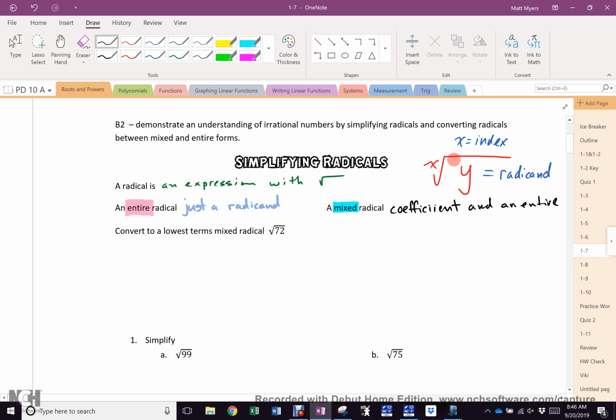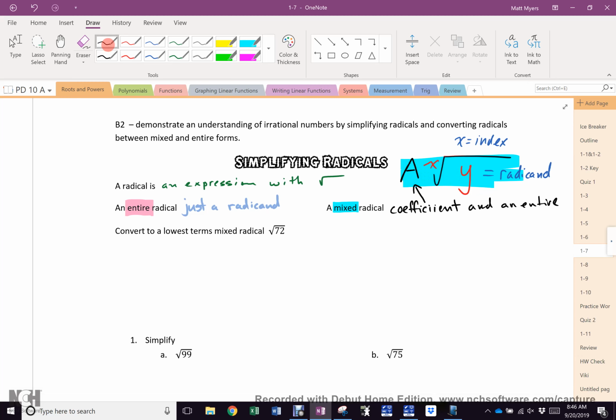So I've drawn this over here because I wanted it to be above mixed radical. The coefficient, of course, lives right in front. That would be A. What do coefficients do? Multiply. All right, so everybody knows what a coefficient does. This is a mixed radical. That's why I highlighted that in blue, because it's got a coefficient.